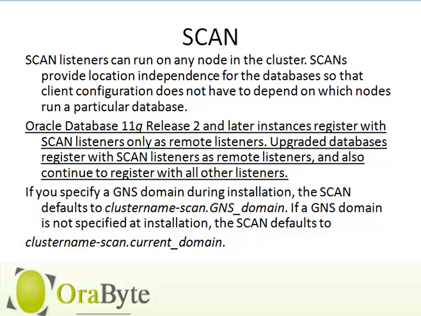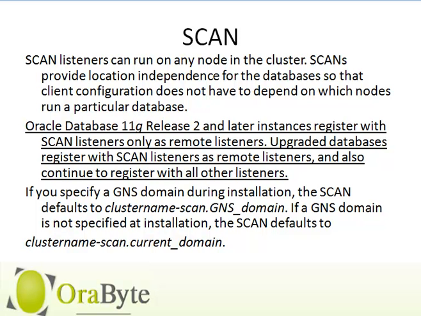So when you're doing the fresh installation, instances are registered with scan listeners only as remote listeners. When you're doing the upgrade to 11gR2, the upgraded database is registered with scan listeners as remote listeners and also continues to register with all other listeners.